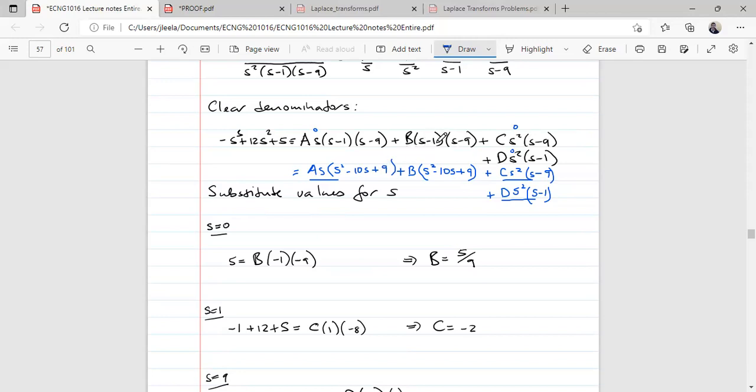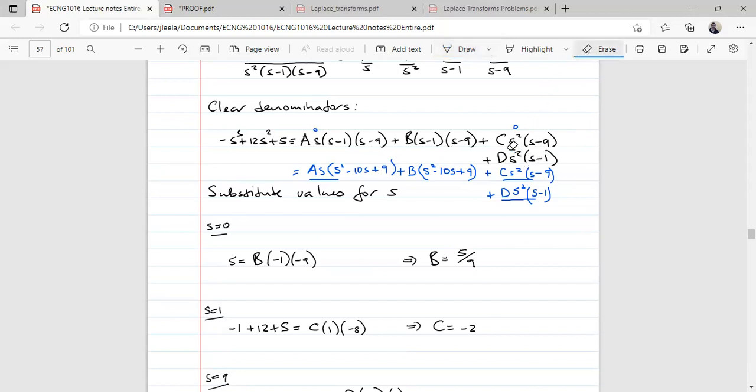So you'll have minus 1 by minus 9, which is plus 9. So 9b will be 5, right? So b will be 5 over 9, right? And then here now, if you put s equal 9, this term will vanish. The second term, the third term will vanish. The fourth term will survive.